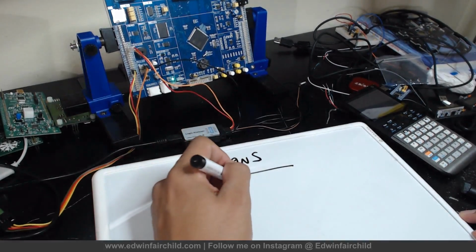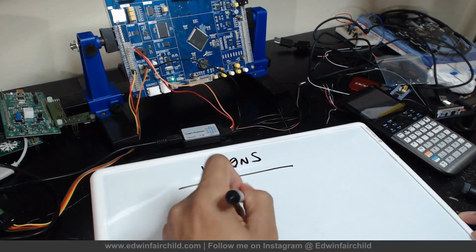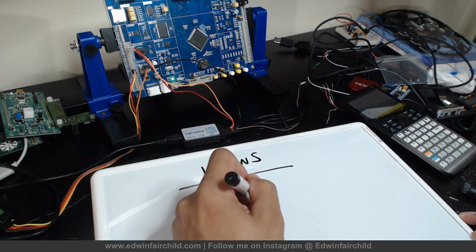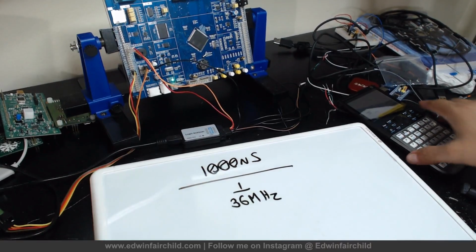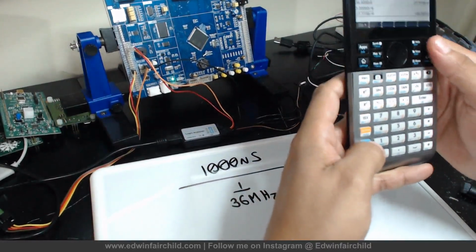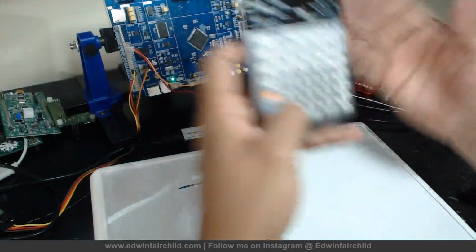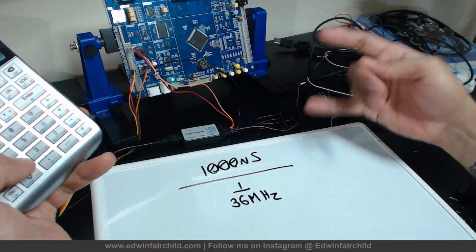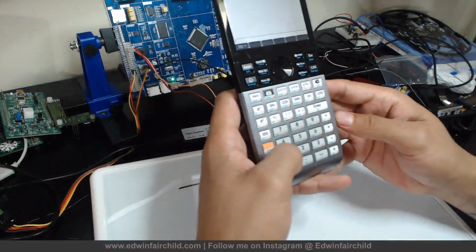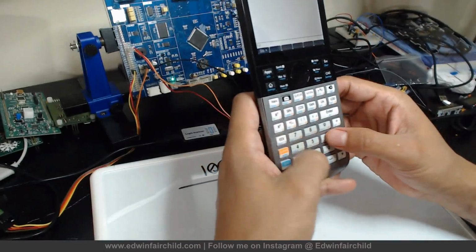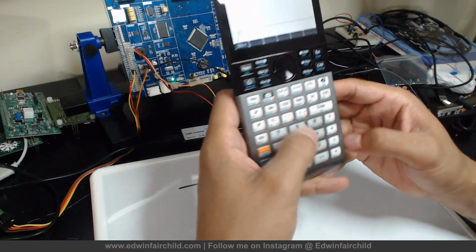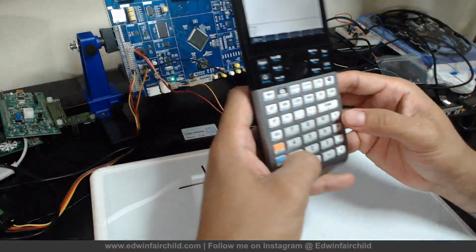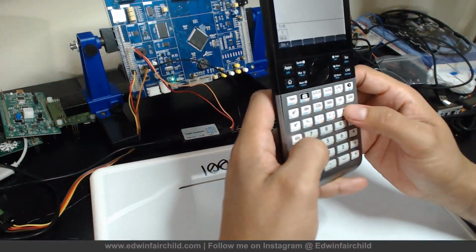So by 1 over 36 megahertz. So this nanosecond is really one microsecond basically. 1e to the negative 6 divided by parentheses 1 over 36e to the 6.